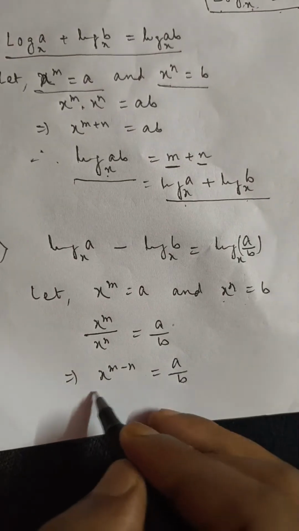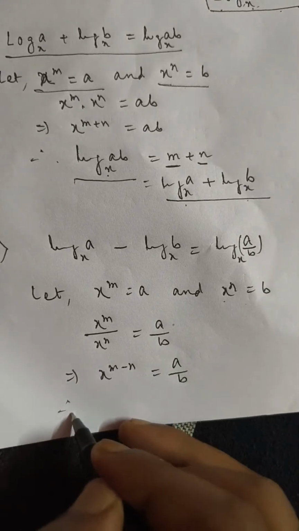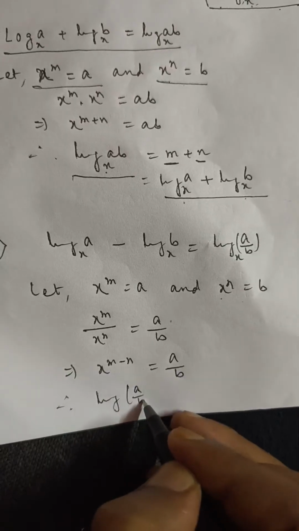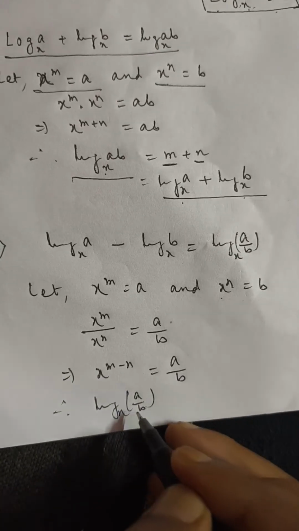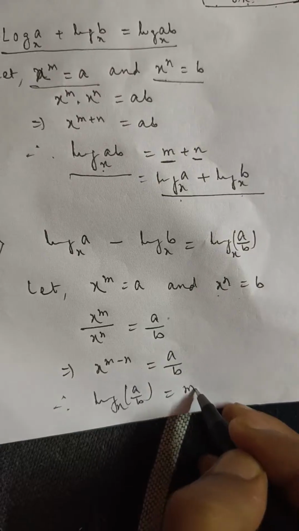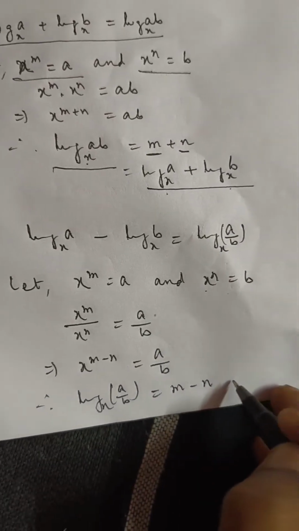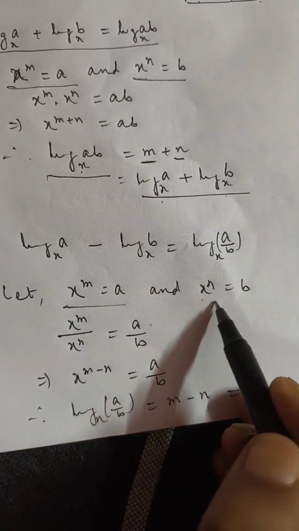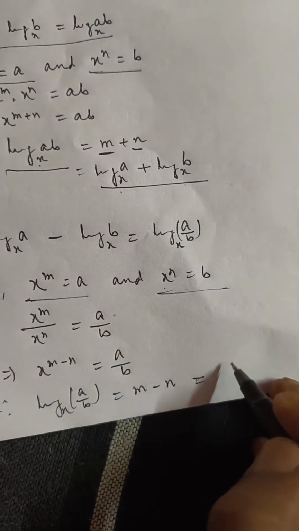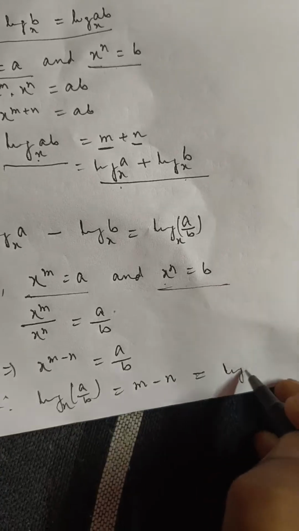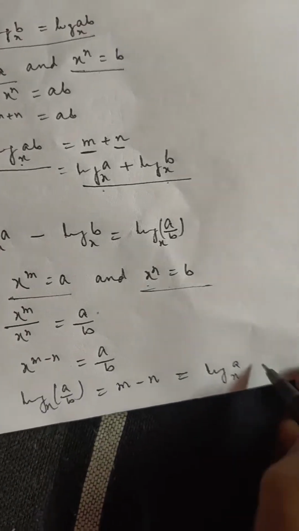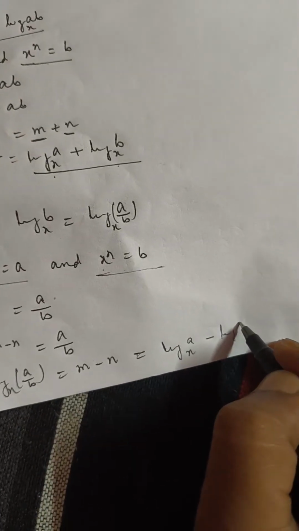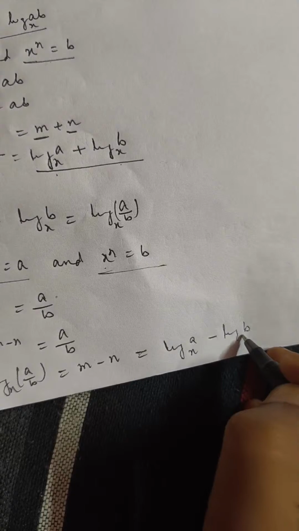By the definition of logarithm, we will get log of a by b base x is equal to m minus n, which is equal to log of a base x minus log of b base x.